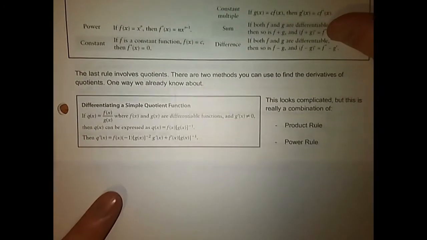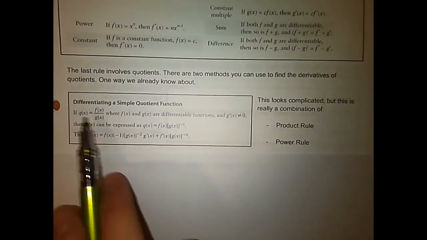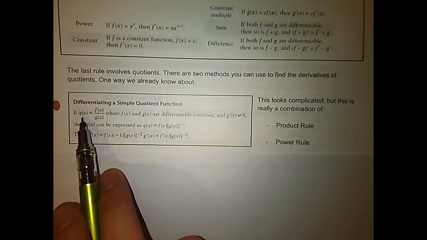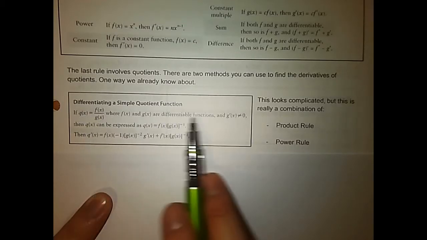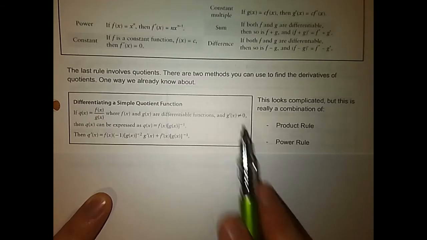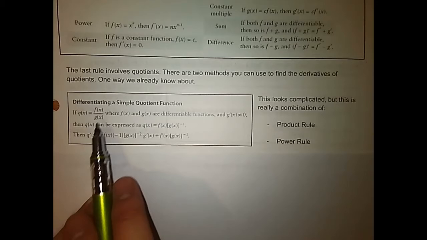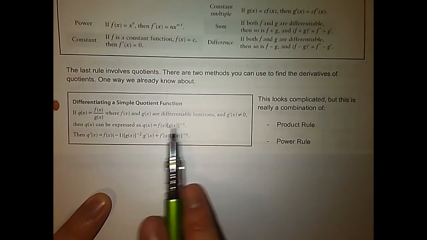If I'm differentiating a simple quotient function, where a function q at x is equal to f at x over g at x, where these are differentiable functions, and g at x does not equal 0, I can express this quotient as a product of two factors.